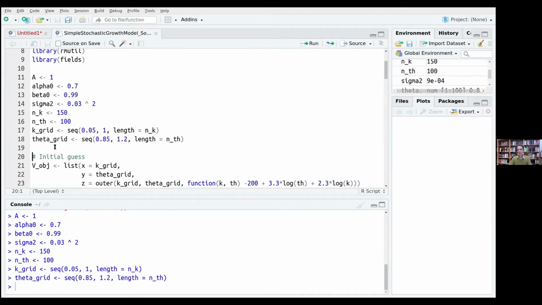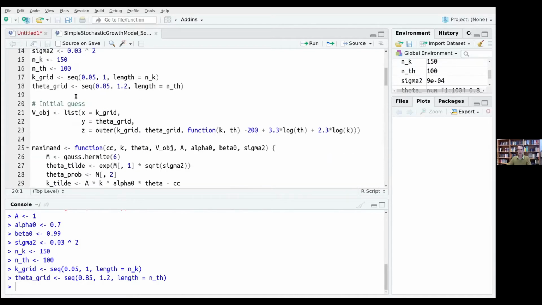The log of theta has a normal distribution around 0 with a small variance. So we put that into the exponential function, which means that we are around 1 roughly. So 0.85 is really far away from the 1, and 1.2 is also far away. So we can be sure that this grid really covers the relevant area for the technology space.